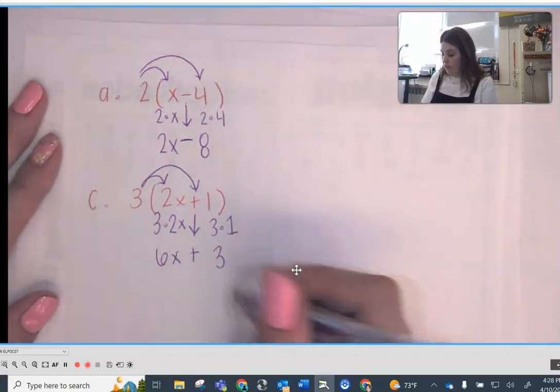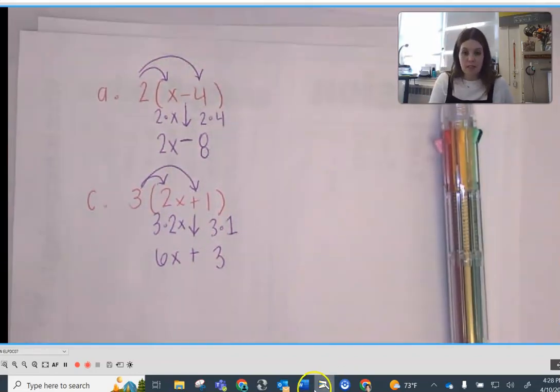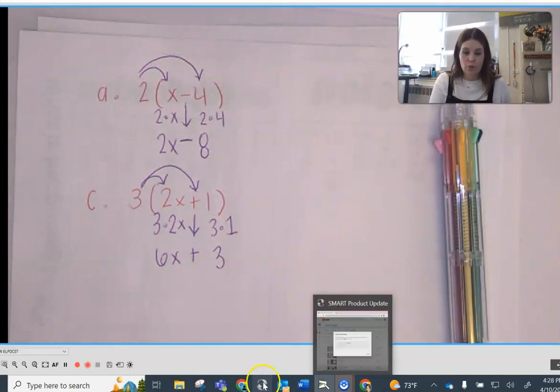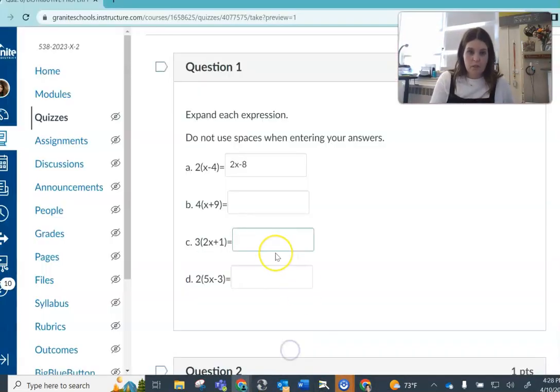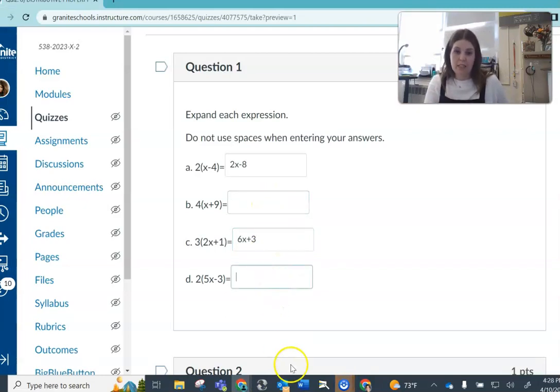So I'm going to enter in to Canvas 6x plus 3 with no spaces. So now you do B and D without me. Pause the video, and once you're done, come back or unpause the video and we can do the next one.